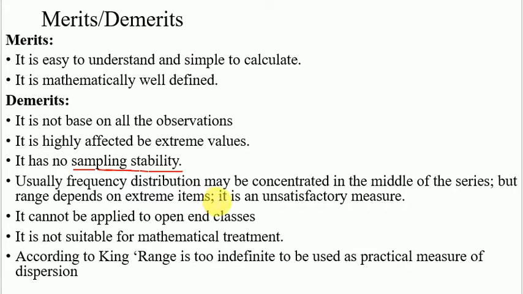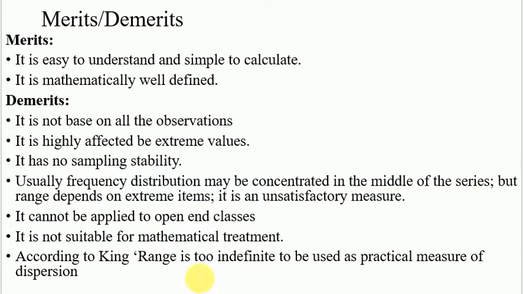Again, the frequency distribution may be concentrated in the middle of the series, but the range does not depend on that, only on extreme items. It is an unsatisfactory measure since it does not consider all the items. It is not applicable to open-ended classes.